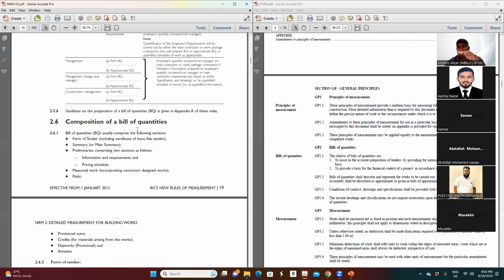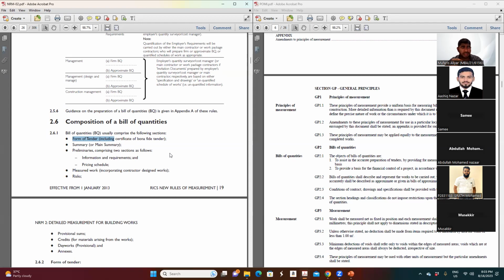The first document, on top of the bill of quantities or maybe at the end, is the form of tender. It's like a one-page document which mentions that this project is this much in amount, this much in duration, and stuff like that. So it's like one paragraph talking about many things.